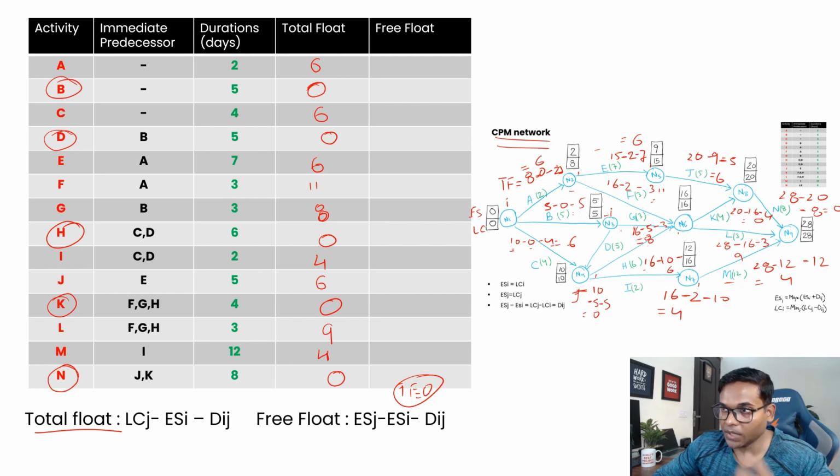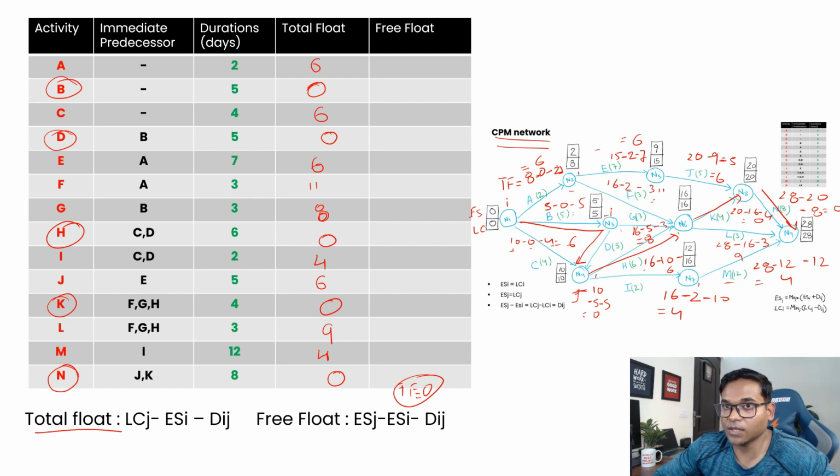So this is activity B, this is your D, this is your H, then this is your K, and this is your N. So all of these are critical, and this was a critical path, right?